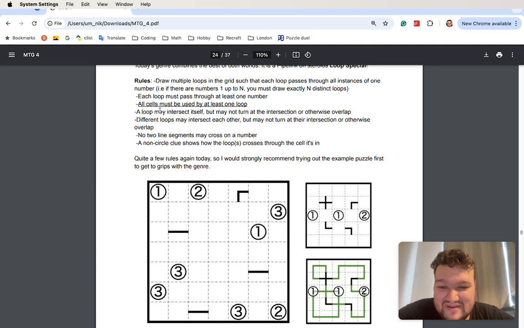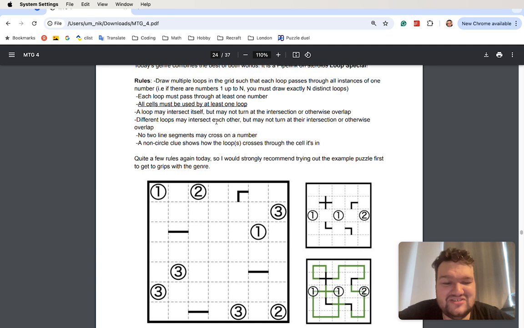A loop may intersect itself but may not turn at the intersection or otherwise overlap. Different loops may intersect each other but may not turn at their intersection or otherwise overlap. Okay, that's at least standard rules for turning at intersections.